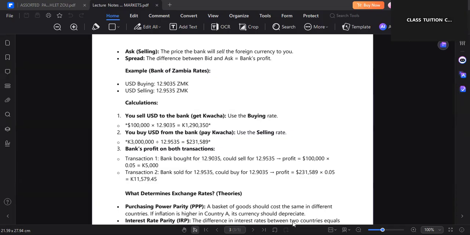You multiply that by the 231 US dollars, and you get 11,579.45. So the bank made a total profit of 16,579 on these two transactions.